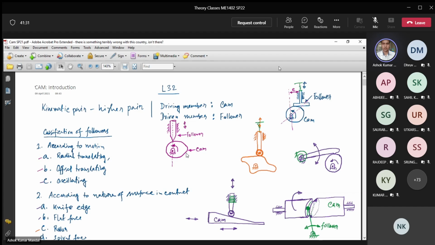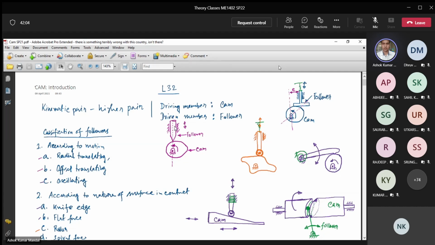Nowadays, there are electronic mechanisms also, but the basics of those things are here in this cam follower mechanism. So this is one example where we are getting an on-off motion using this cam follower mechanism. But there are many other applications where I need a constant velocity motion, or a simple harmonic motion, or a cycloidal motion, or a constant acceleration motion.